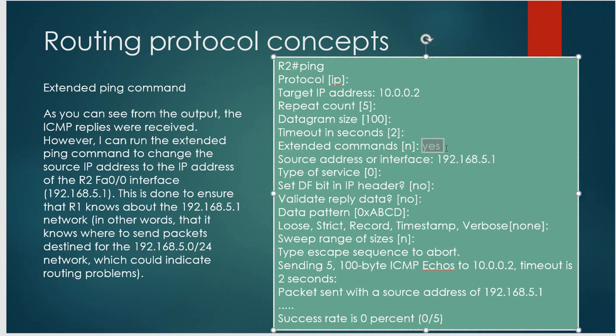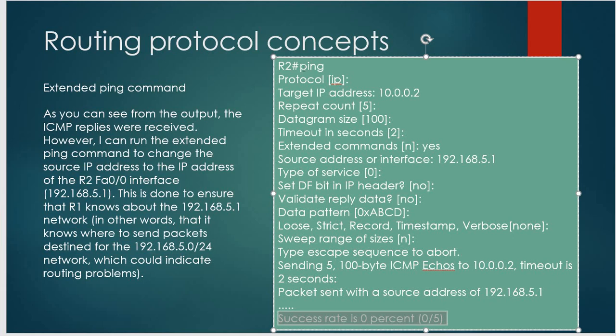Here it asks type of service, all these things, and after entering those and giving the extended command, its success rate is 0%, 0/5. So it does not reach the destination successfully. Based on this information, we can get different types of information.